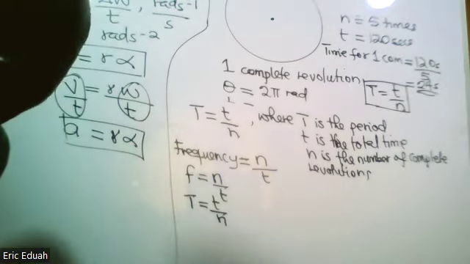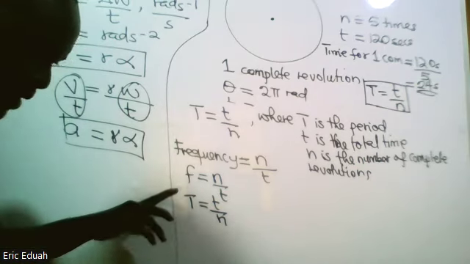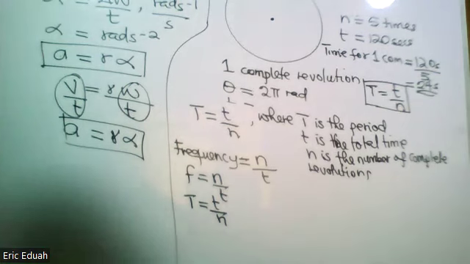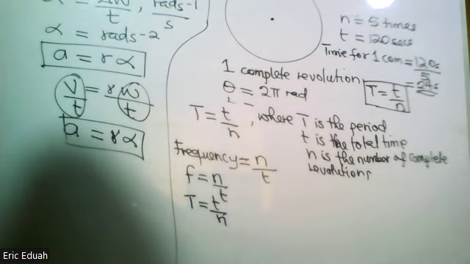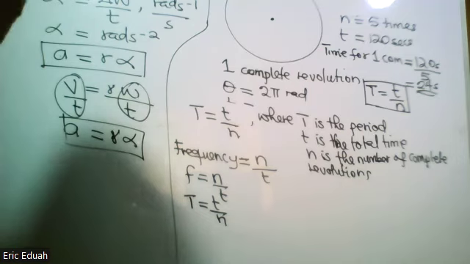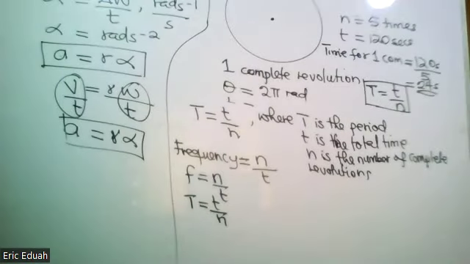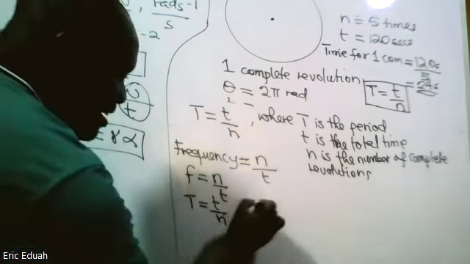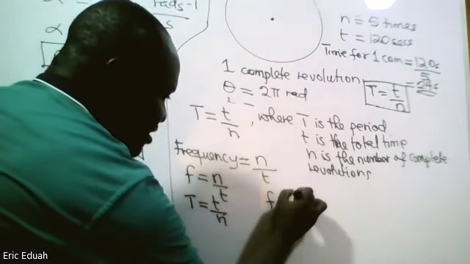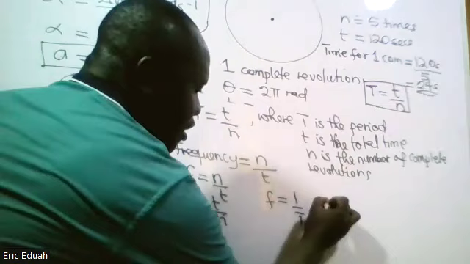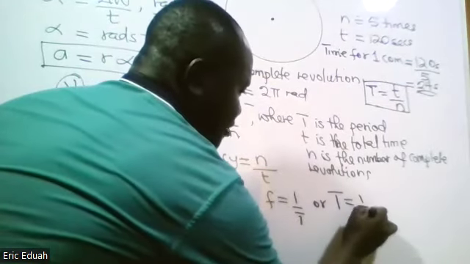Can you see any connection between F and T? What is the connection? F is the inverse of T, which is the period. Exactly. So F is the inverse of T, or T is the inverse of F.